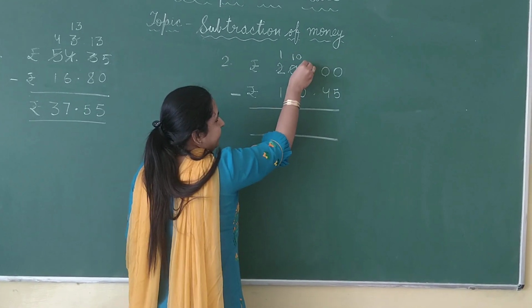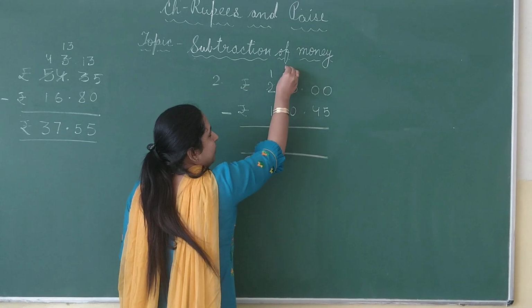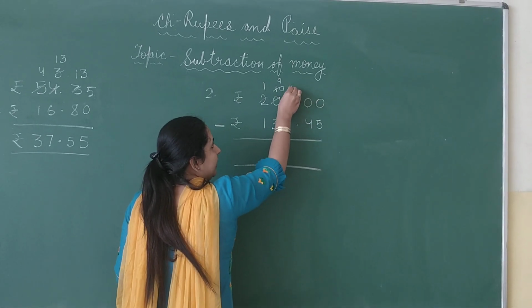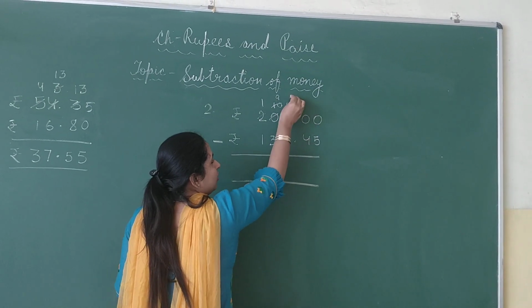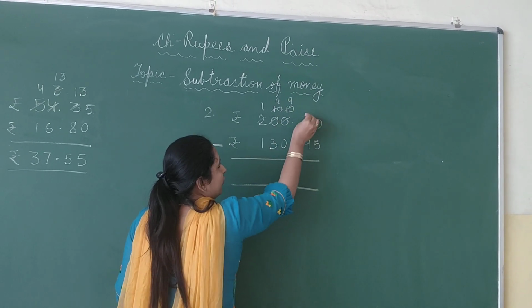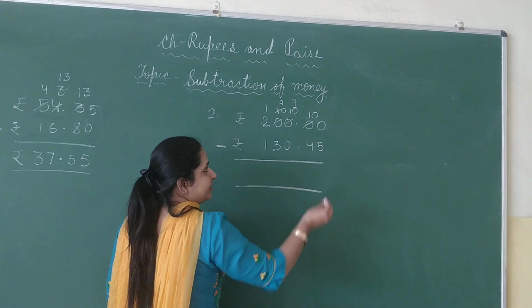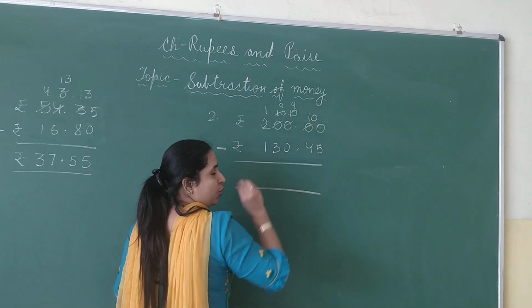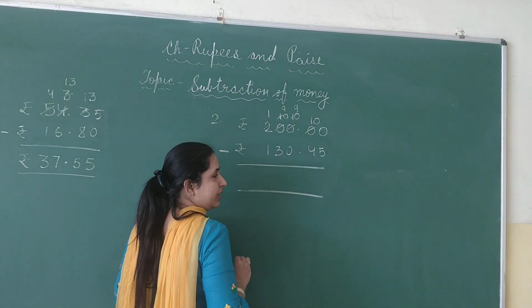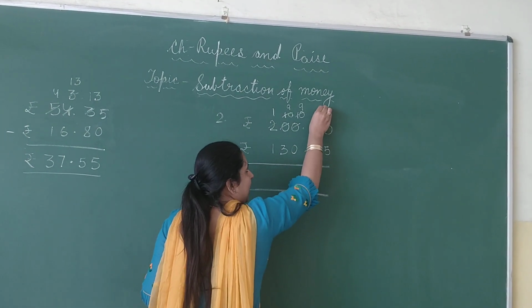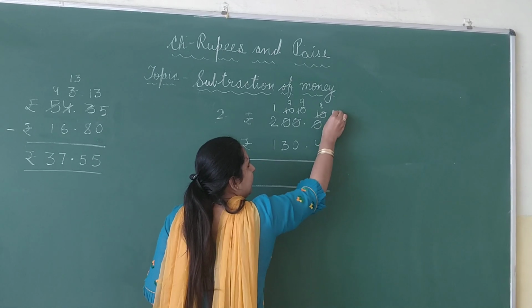And now this 10 will give a borrow to this 0. So 10 will become 9 and this 0 will become 10. Now this 0 will take a borrow from this 10. 10 will become 9 and 0 will become 10. It means now this 0 can take a borrow from 10. Earlier it was 0, so it could not take a borrow from it. Now 10 will become 9 and 0 will become 10.